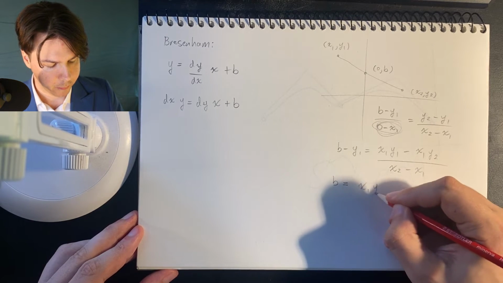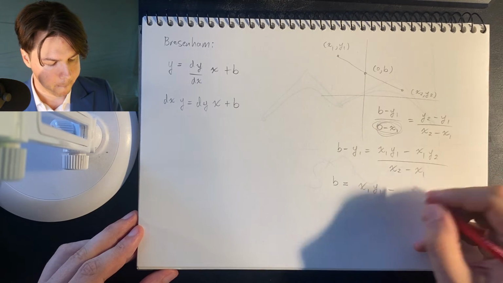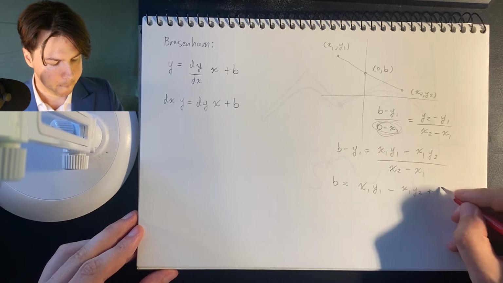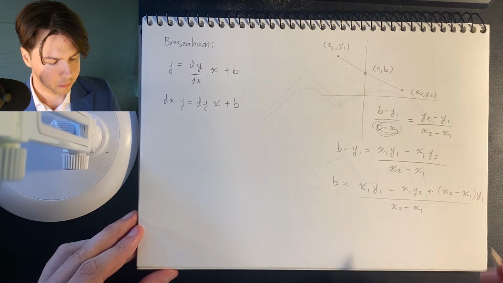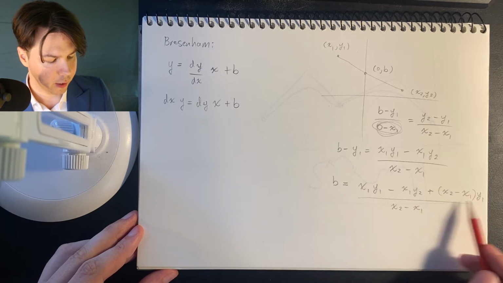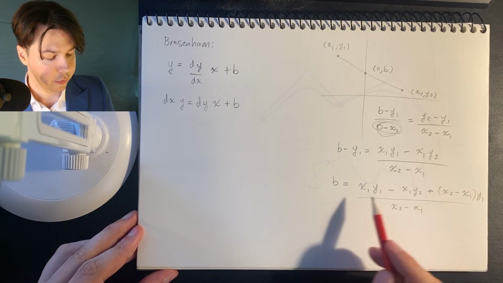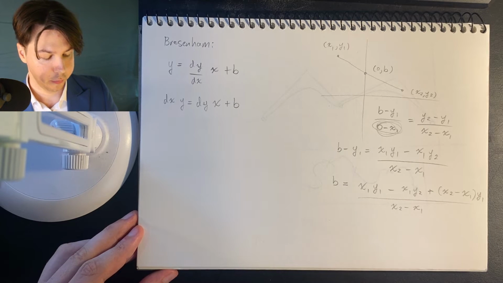Here you can see I've multiplied and divided by x2 minus x1 to get this all under a common denominator.